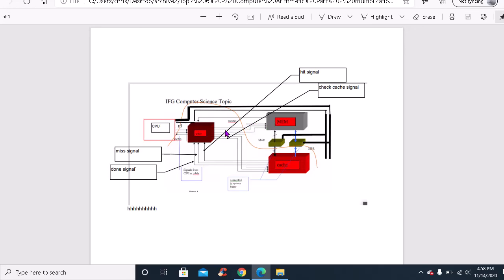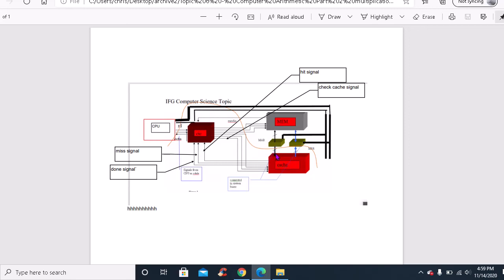But at literally the same time, the cache interface controller is going to ask the cache, by means of something like a check command, whether it knows anything about the address in this register.